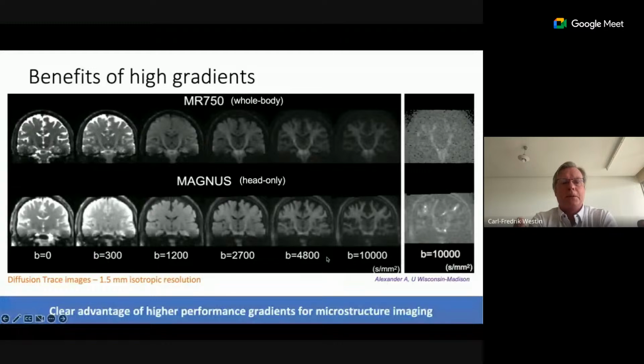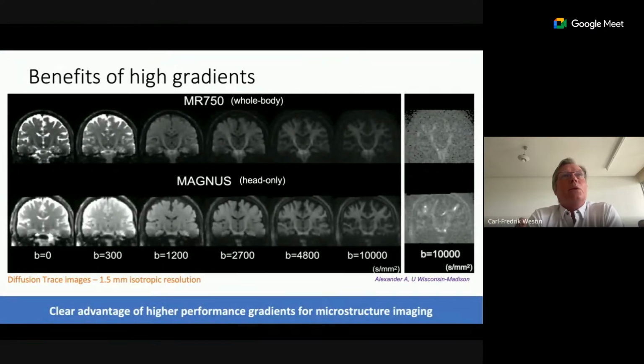These are some examples of the images we have. The top row is from a regular full body scanner, and from left to right you have different diffusion encoding, and the third one, B1200, is the normal encoding you do on a clinical scanner.